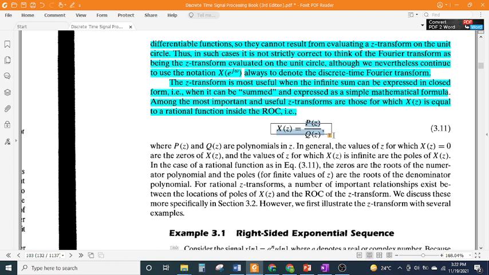For convergence of X(z), we require that the sum of |az^-1|^n be finite. Thus, the ROC is the range of values of z for which |az^-1| < 1 or, equivalently, |z| > |a|. Inside the ROC, the infinite series converges to X(z) = 1/(1 - az^-1), |z| > |a| (Eq. 3.12).